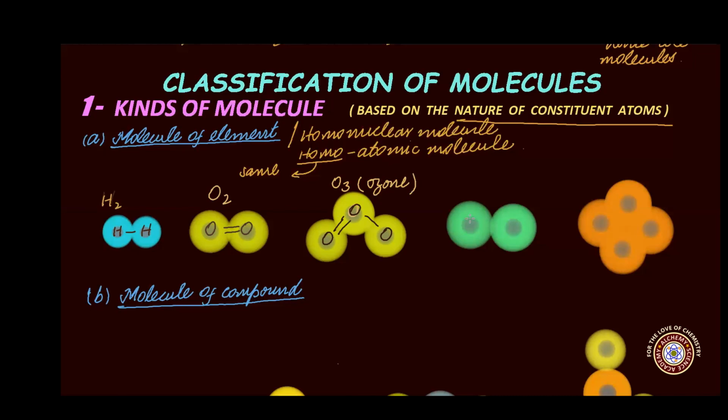Here is an example of another homonuclear diatomic molecule, which is nitrogen, and this one here is the P4 molecule.